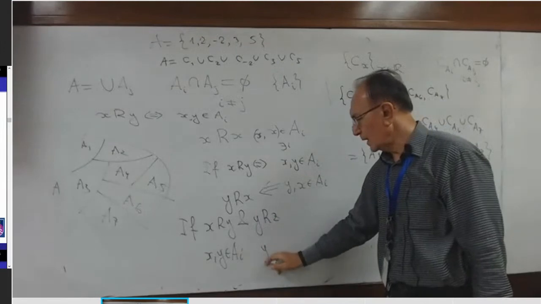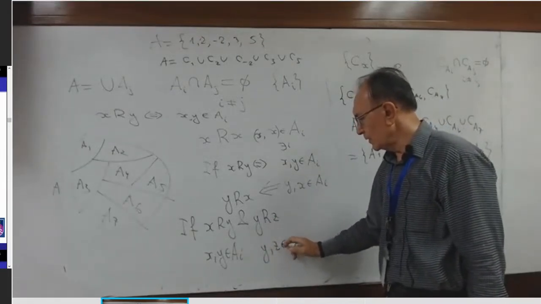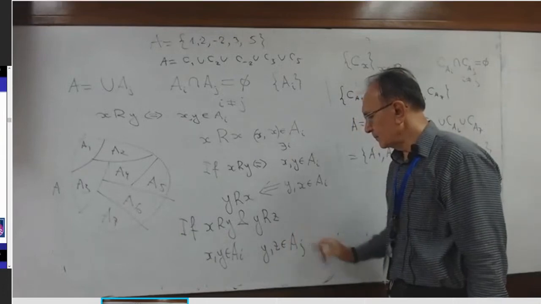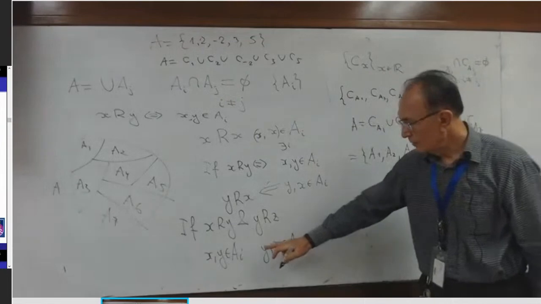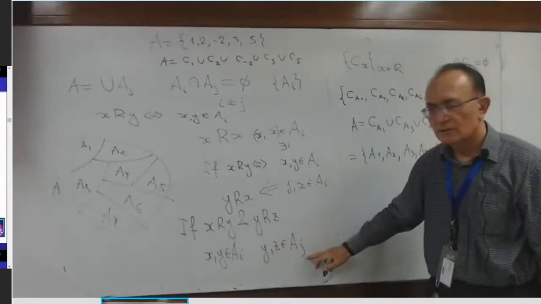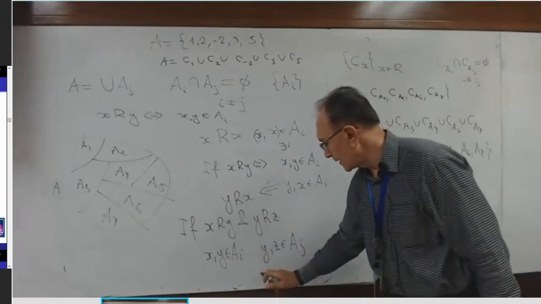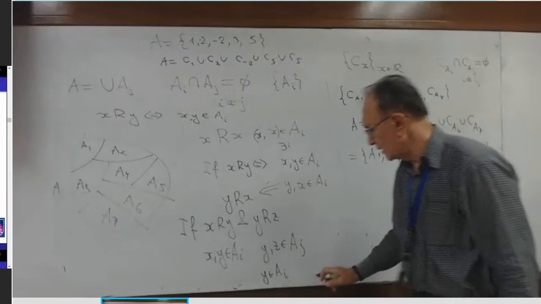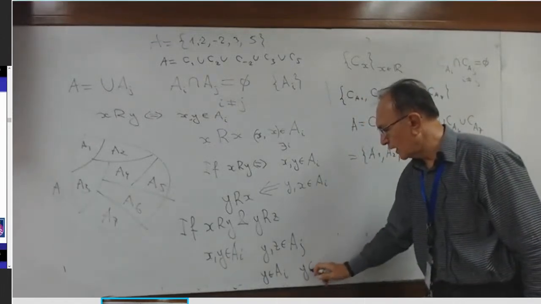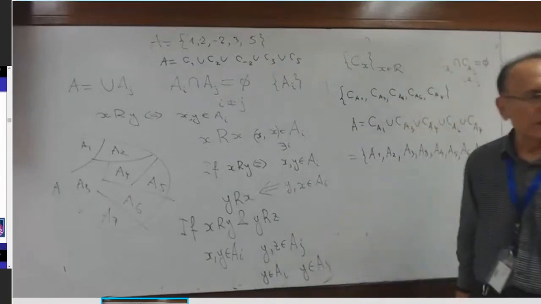This means Y and Z are also in some Aj. But definitely i must be j. Why? Because Y is in Ai, and at the same time Y is also in Aj, but they are disjoint.